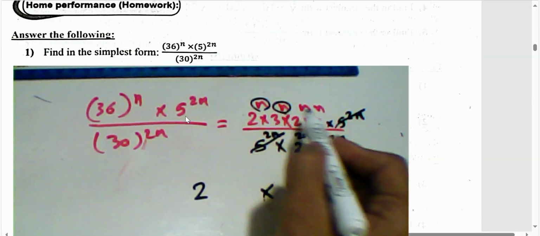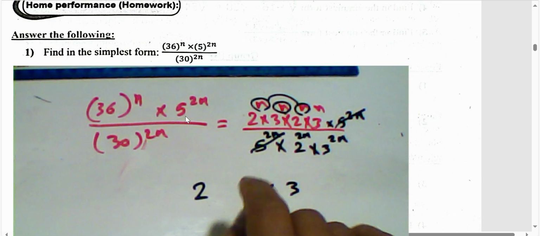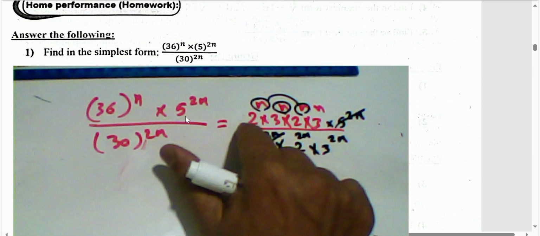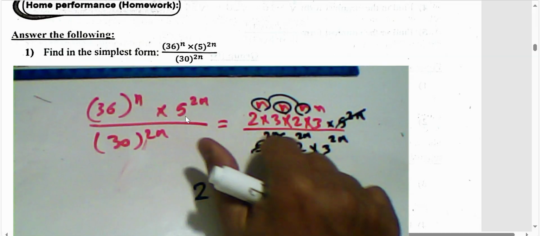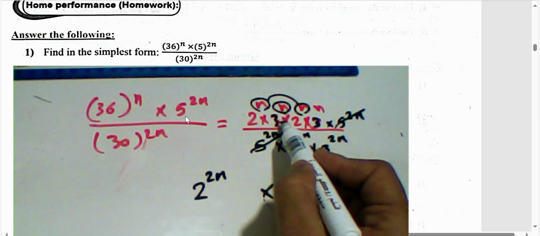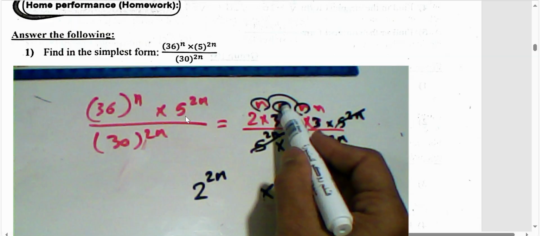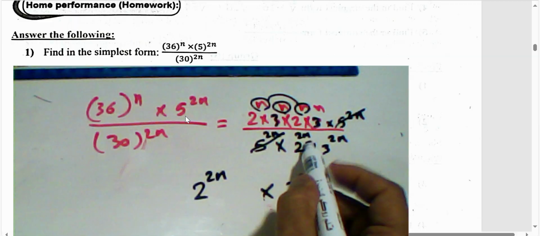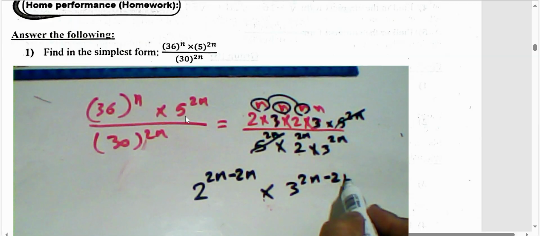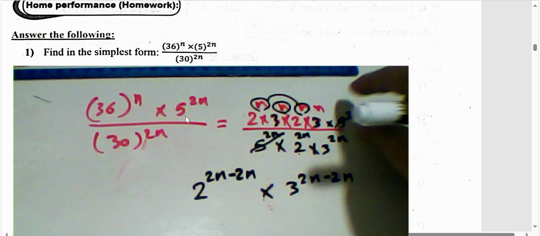n plus n plus n equals 3n. You can add n plus n because we have two similar bases. If we multiply two bases, we must add the powers, n plus n equals 2n. And also 3 power n multiplied by 3 power n, we can add the powers together, n plus n equals 2n. And in the numerator, 2 power 2n, subtract 2n, and 3 power 2n, subtract 2n, because we have here a difference between two powers.